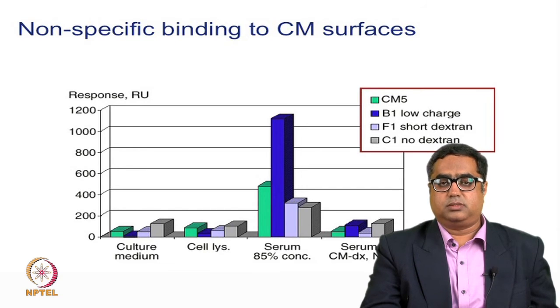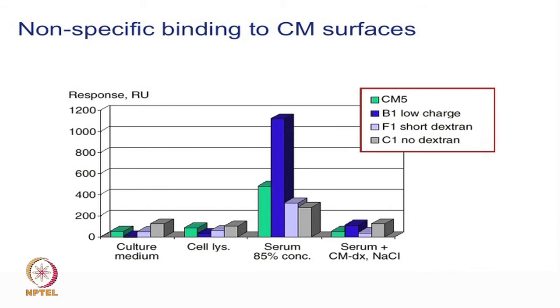Also, these days people use these sensor chips for immobilization of cells, bacteria and viruses, and also for the passage of very complex analytes like blood. So, another variety of chip surface is streptavidin.